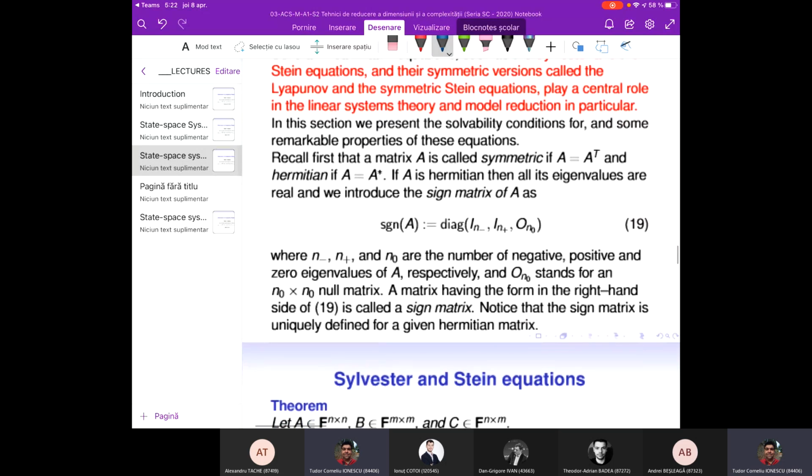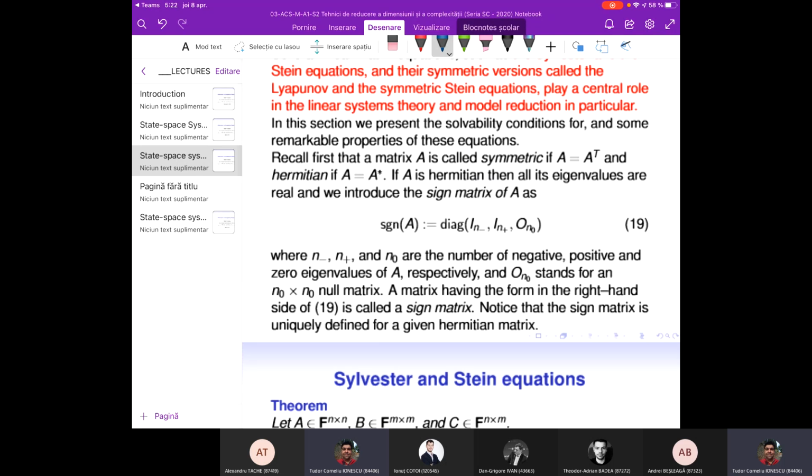If A is a Hermitian matrix, then all its eigenvalues are real, and we introduce the so-called sign matrix. The sign of a matrix A is the diagonal of I n minus and I n plus, and the rest is zero, where n minus, n plus, and n zero are the number of negative, positive, and zero eigenvalues of the matrix A, respectively.